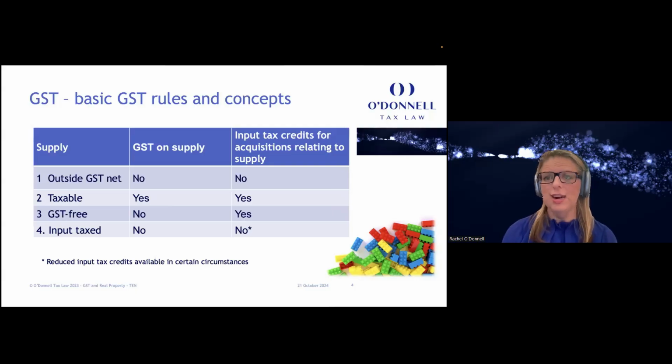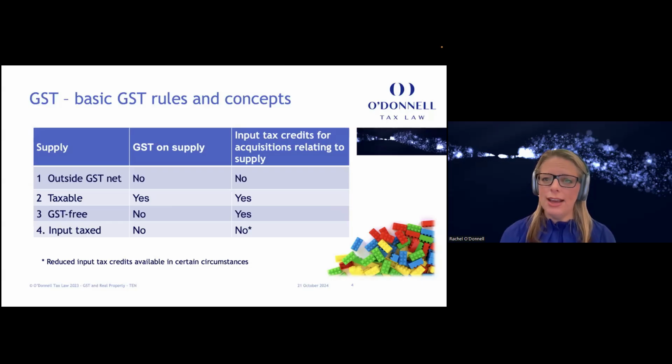They charge GST on the sale of that commercial property, and they remit the GST to the ATO, and they can claim input tax credits for their acquisitions that relate to the supply. So, for example, their fees that they pay to their lawyer for the conveyancing of that property, they can claim an input tax credit for the GST component of those fees.